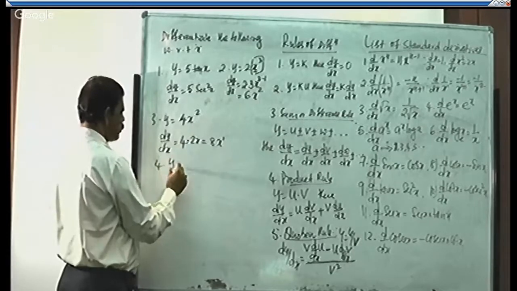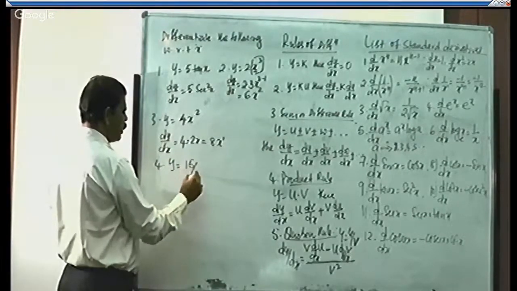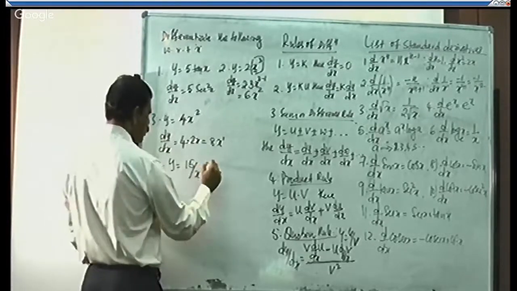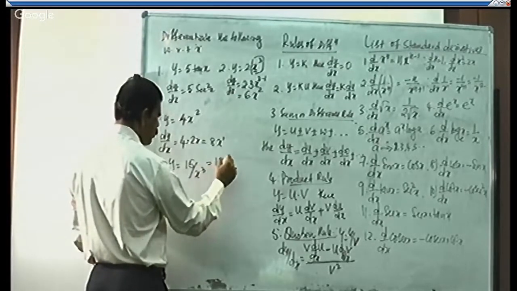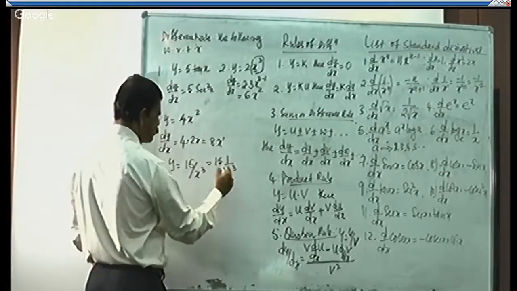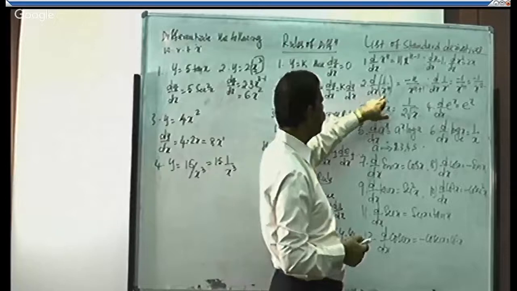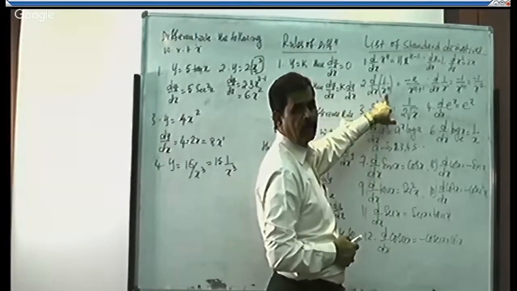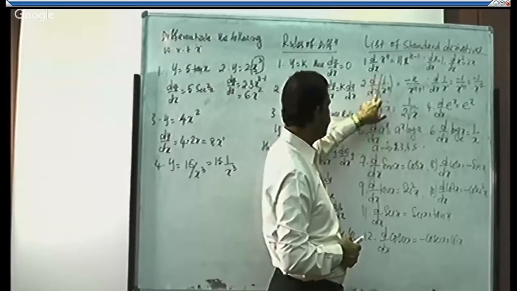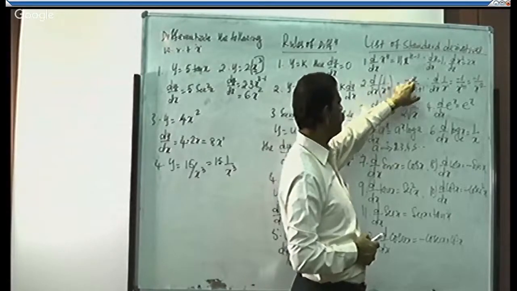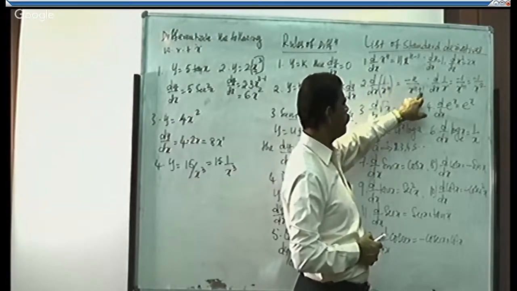Y is equal to 15 by x cube. 15 by x cube is nothing but 15 into 1 by x cube. So 1 by x cube is treated according to the formula: d by dx of 1 by x to the power of n is minus n by x to the power of n plus 1.